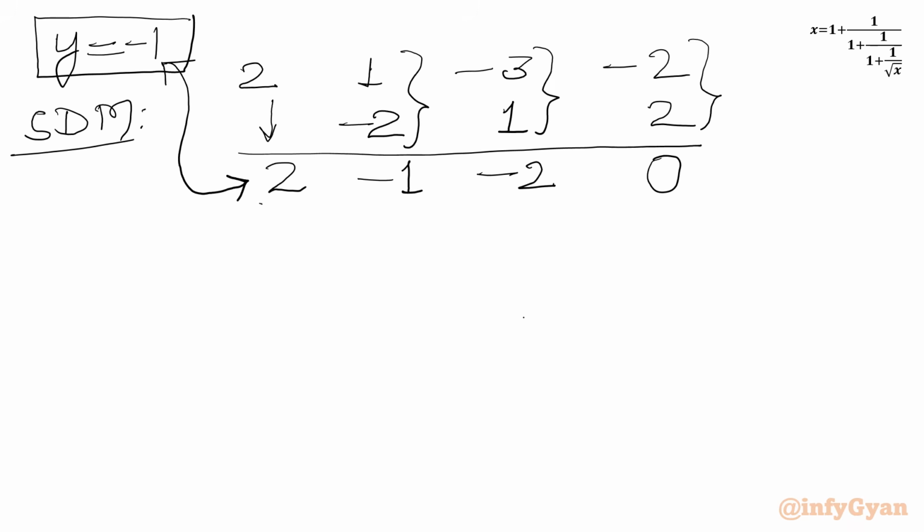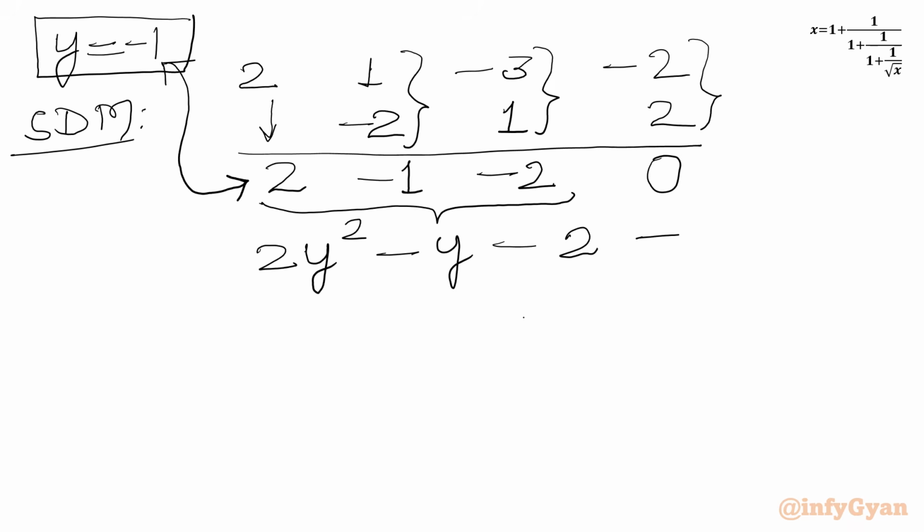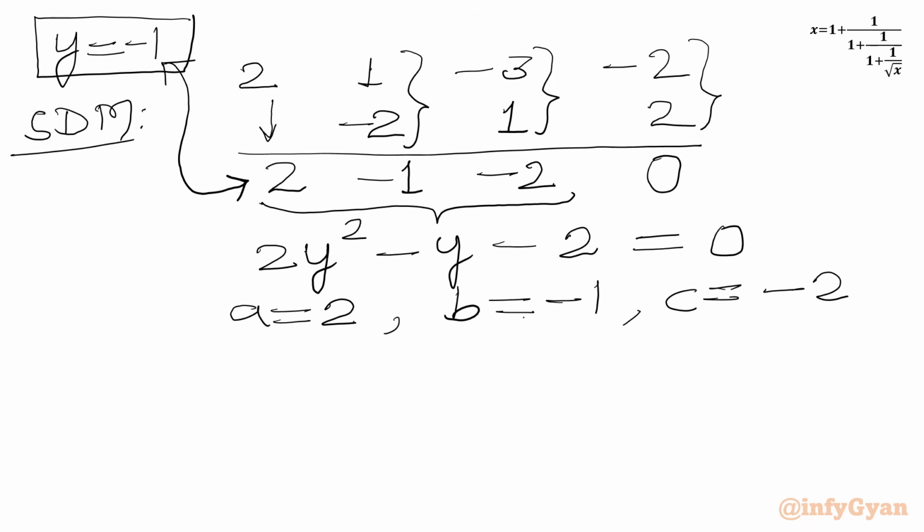So these are the coefficients of the quadratic equation 2y square minus y minus 2 equals 0. I can use the quadratic formula. As per the formula, a is 2, the coefficient of y square, b is negative 1, the coefficient of y, and c is minus 2, the constant.